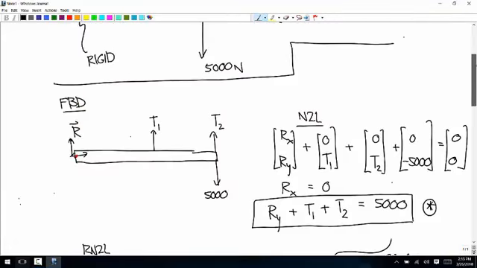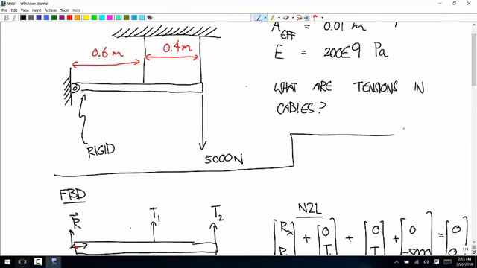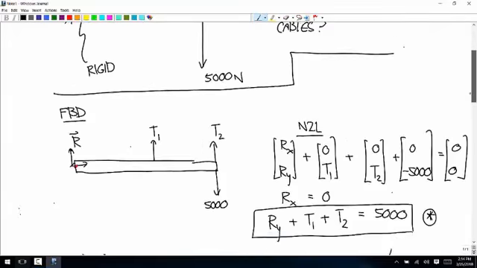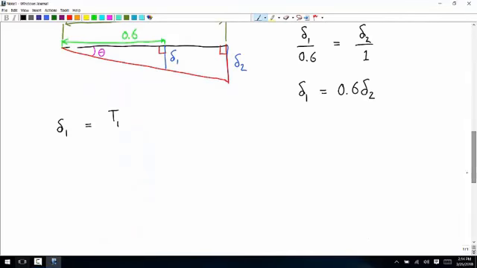We're talking about the undeformed length of cable 1, so this is L. We don't have to know what that is. That's going to start out the same for both of them, and it's going to cancel out. Divided by EA. That's the same for both of them.